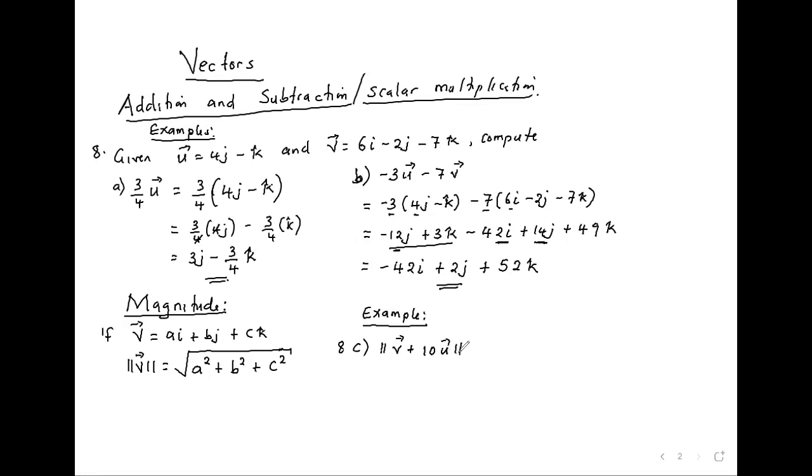So first we find v plus 10u as a vector. What is v? v is 6i minus 2j minus 7k, plus 10u. This is the same v and the same u.